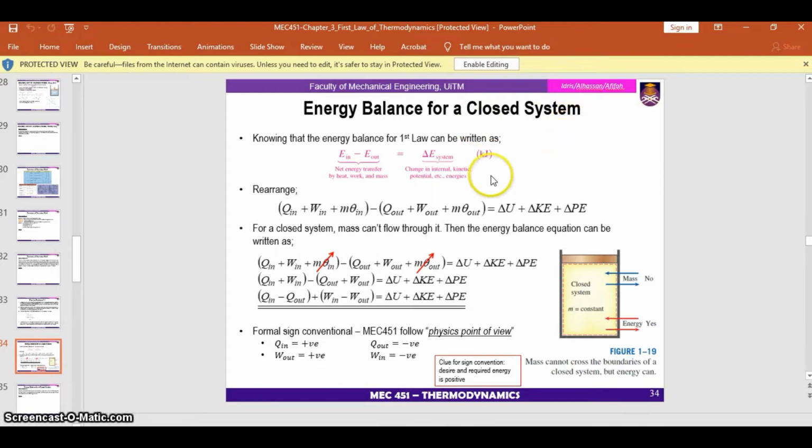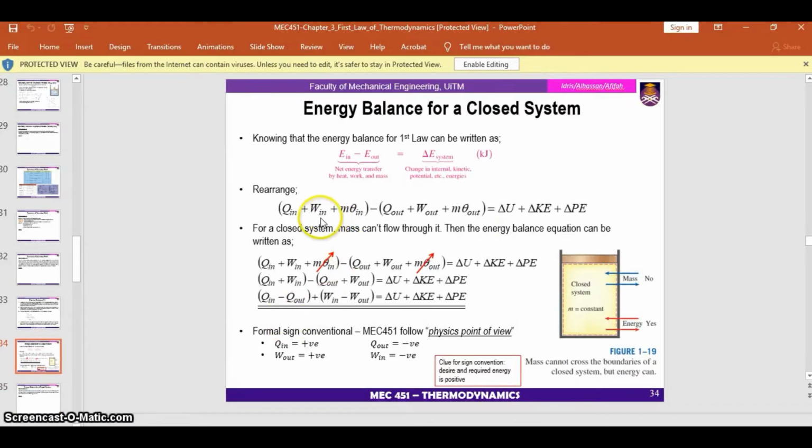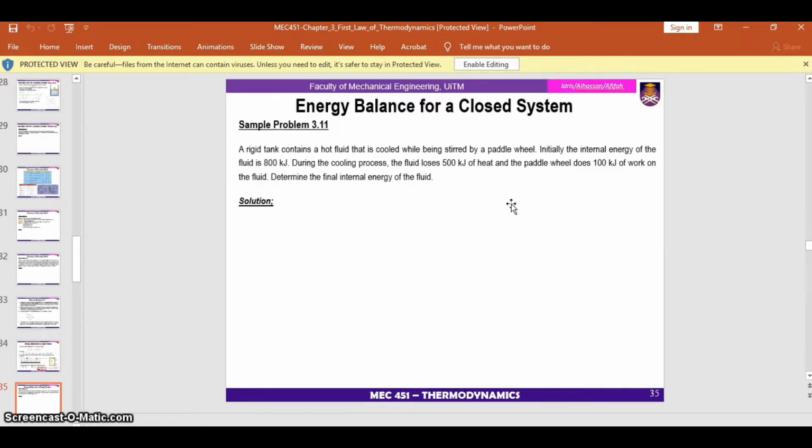I defined that when you see a question based on a closed system, we neglect kinetic energy and also potential energy, and the first law equation becomes the NFEE, the non-flow energy equation, which is based on Q minus W equals delta U only. And these are simple problems that you can use as exercises.